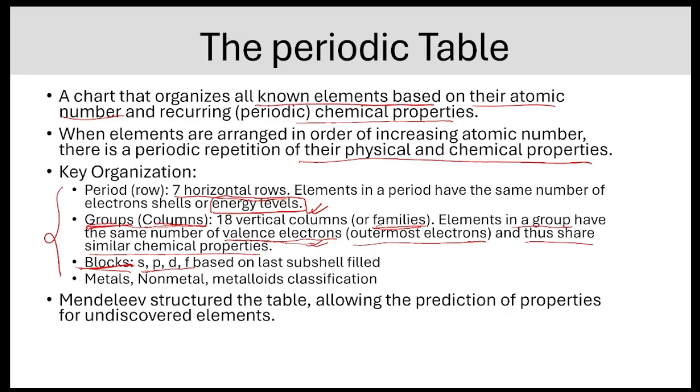So for the S block, the last orbital will be S. For P, the last orbital will be P, and so on. The periodic table can also be divided into three classifications, namely metal, non-metal, and metalloids.